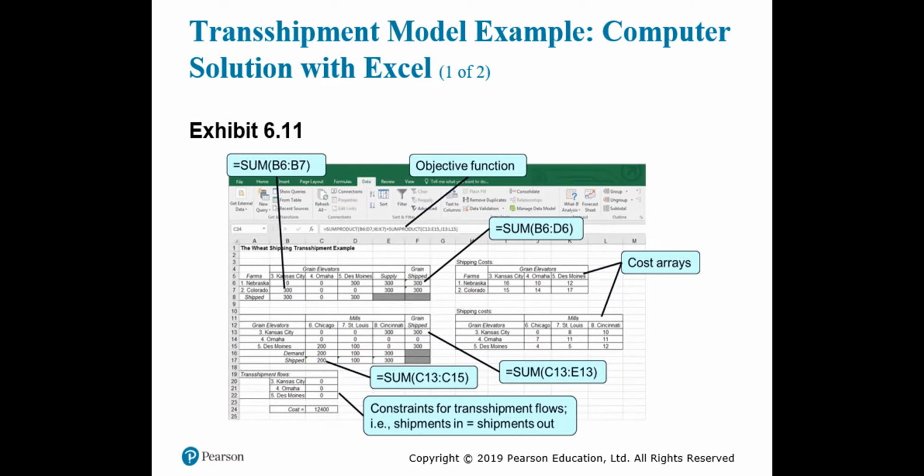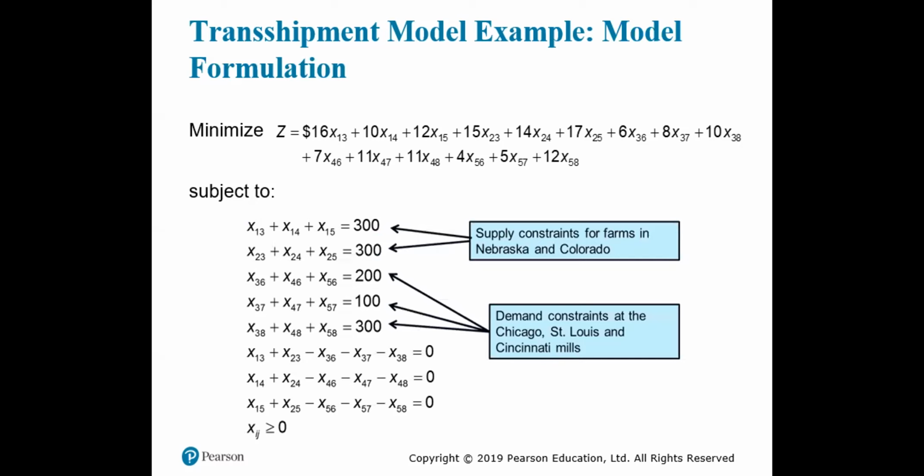Okay. Then in addition to that, we have the transshipment constraints, which is what we showed here. These 3. So we have supply and demand. Then we have transshipment constraints.